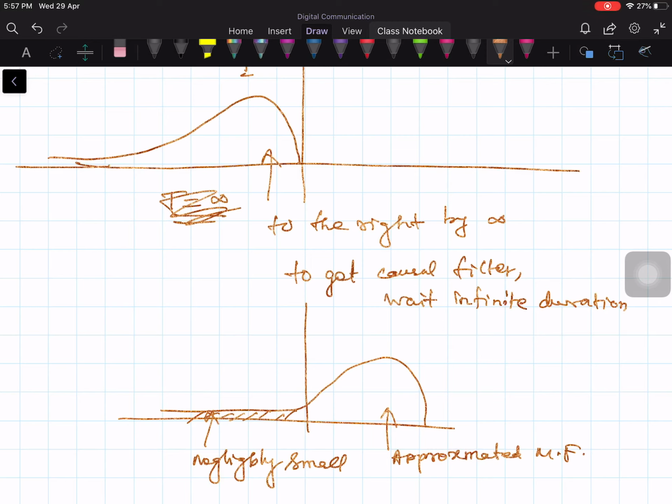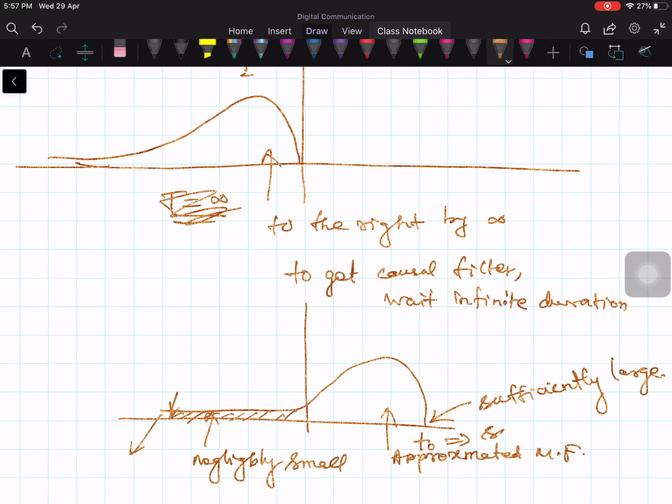Then when I wait a sufficiently large amount of time, the tail of the impulse response contains very little energy, it does not have significant energy.